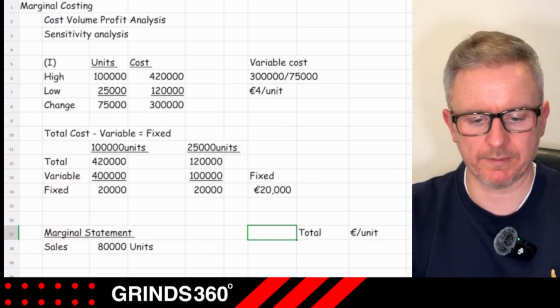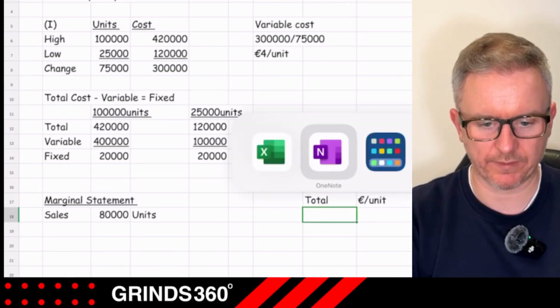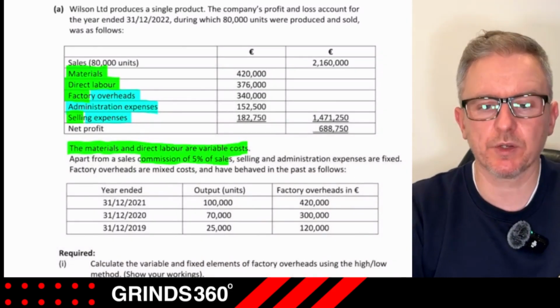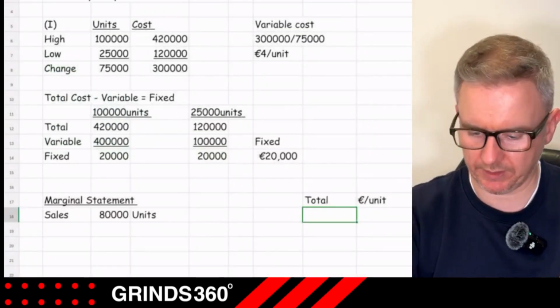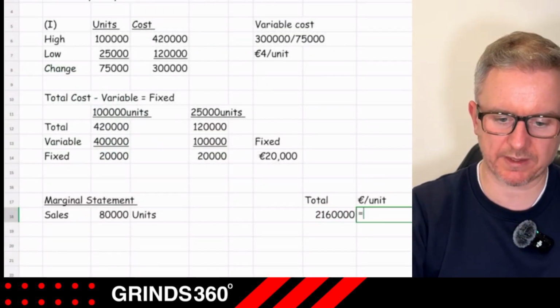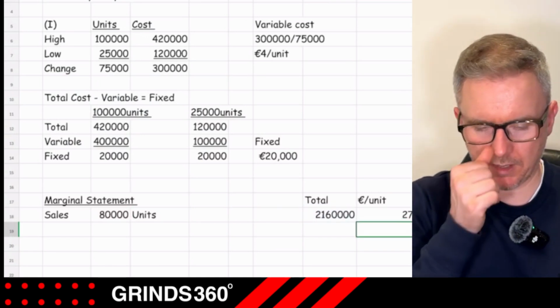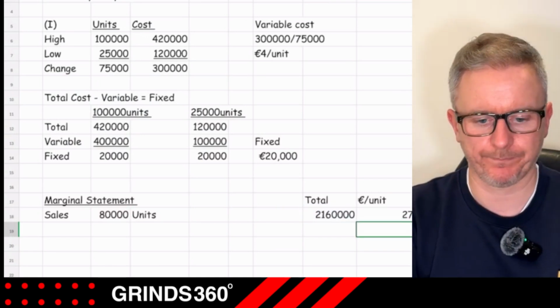We take our total figure and just transfer it. The total figure from the question is 2.16 million. To get it on a per unit basis, take the 216 and divide it by 80,000. So we have 27 euro per unit.